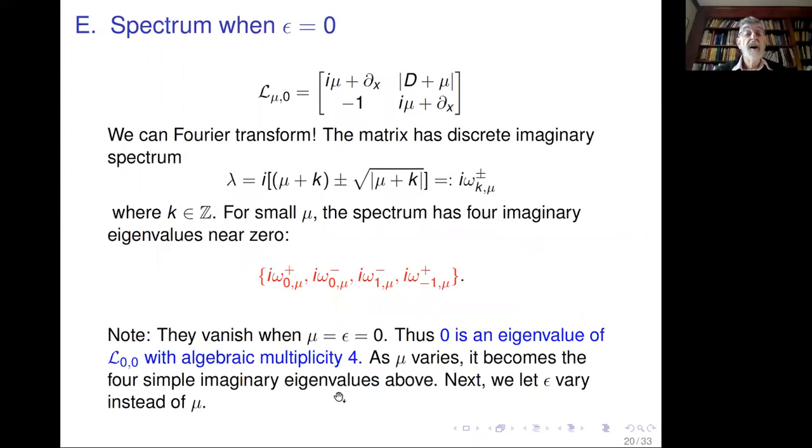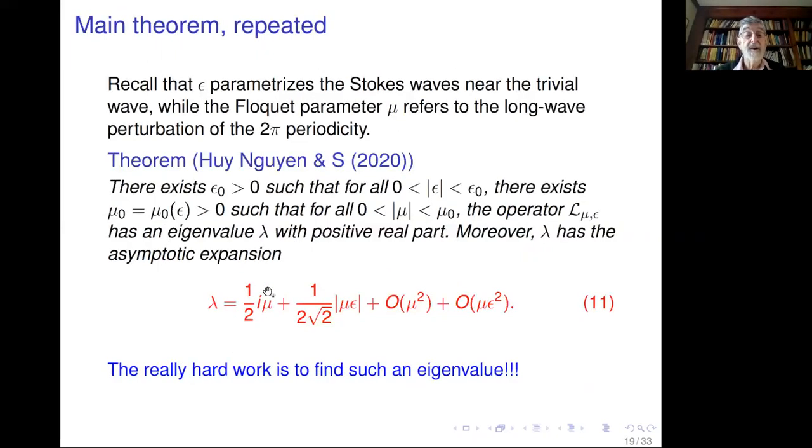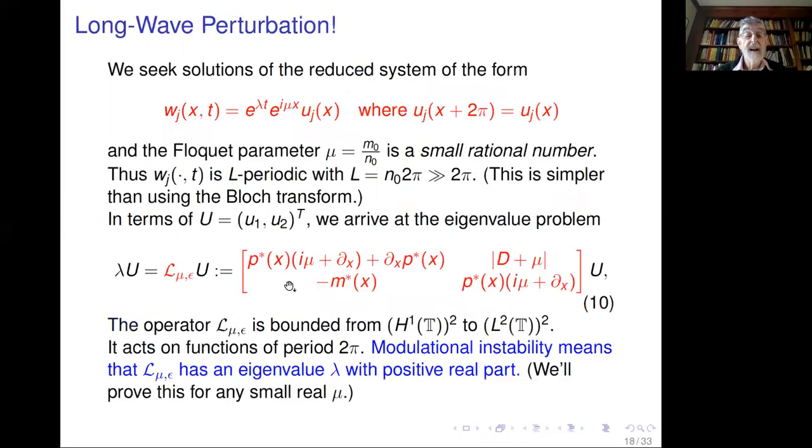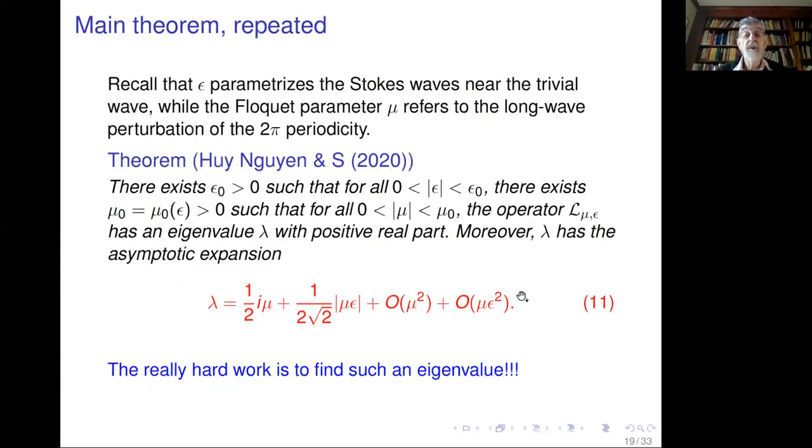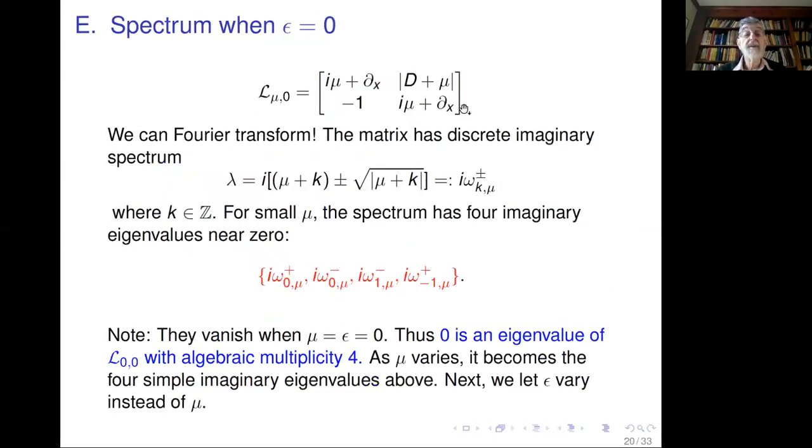Okay, so if I take epsilon equals 0, notice, here's L. When epsilon is 0, P star is 1 and M star is 1. And here's the mu. The mu is in there, but those coefficients are both 1, and so you get this matrix.